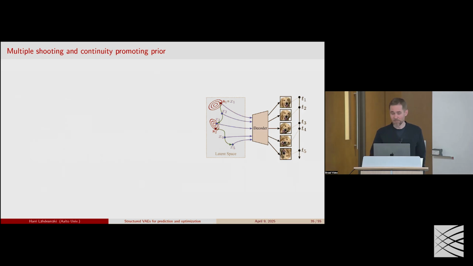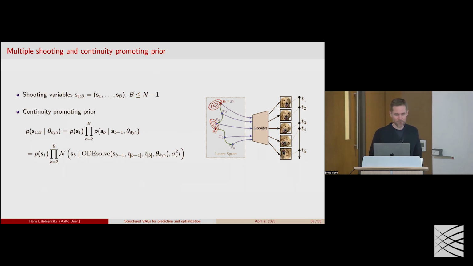So we have been proposing these multiple shooting-based approaches where we split the latent trajectories into short segments, and that's not a novel idea either. We would like to do that probabilistically though, so that we can still train these probabilistic generative models.